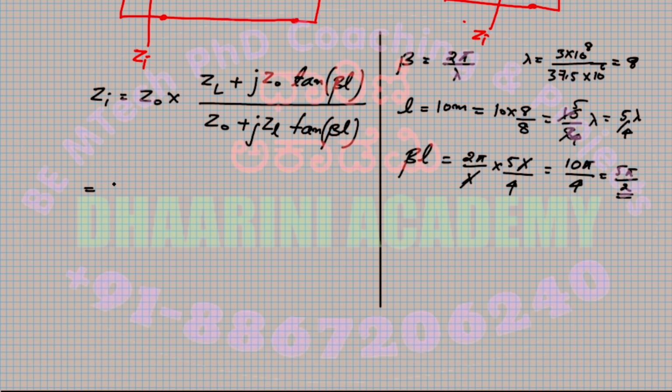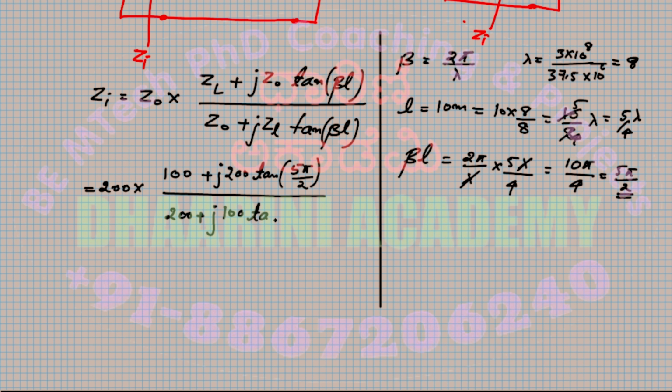So Z0 is given, which is 200, into ZL, which is 100 plus j times Z0, once again 200, tan of 5 pi by 2, whole divided by 200 plus j 100 tan of 5 pi by 2. So the angle should be in radians mode for this calculation.